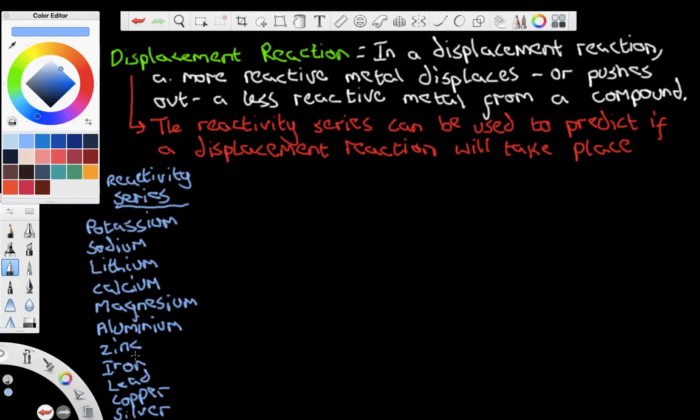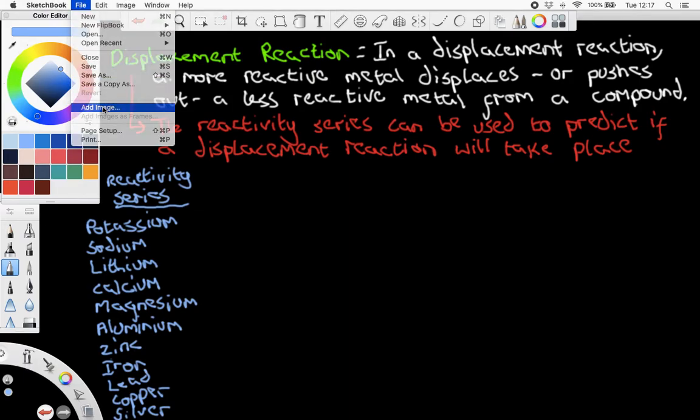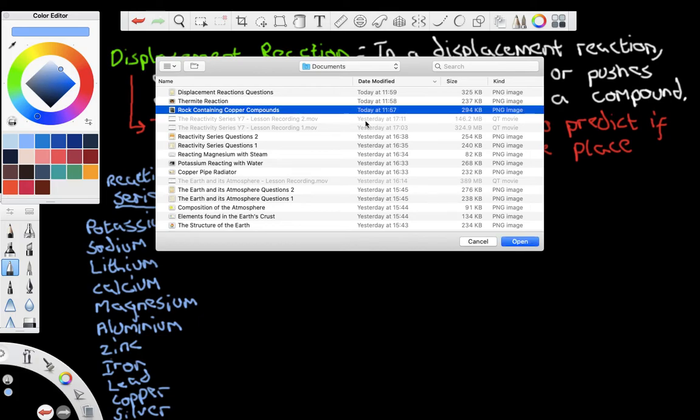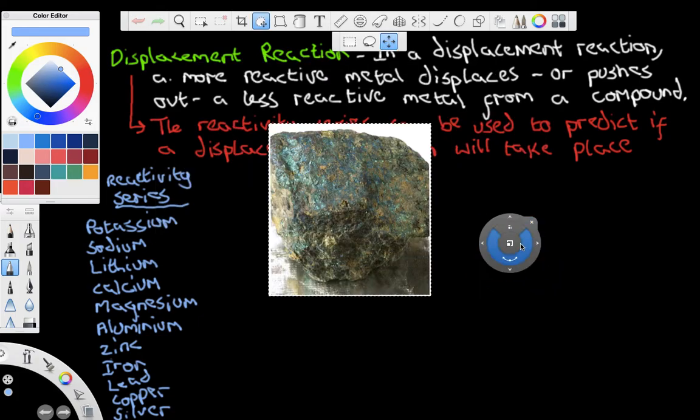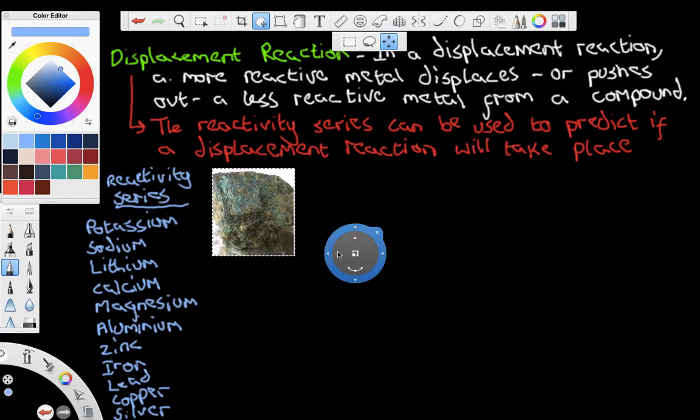If we bring back our picture from the previous slide, so our copper compound, and we make it small, we had the problem of needing to remove this copper from the compound. Okay? We can use a displacement reaction to do this.